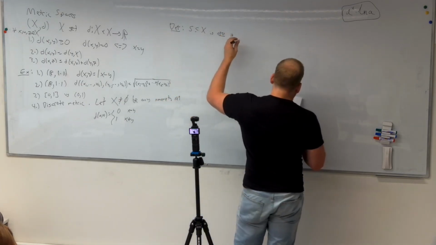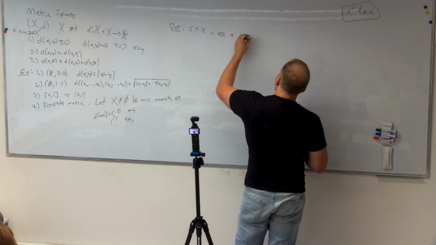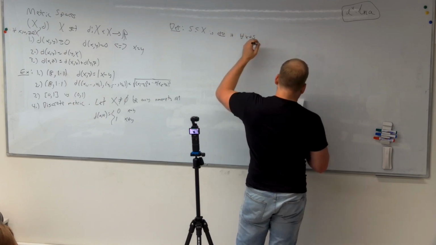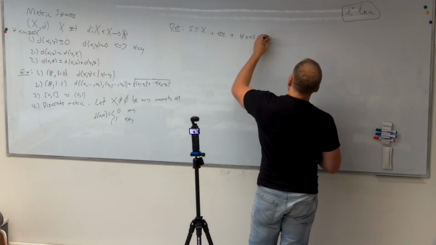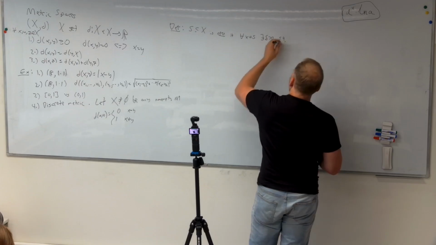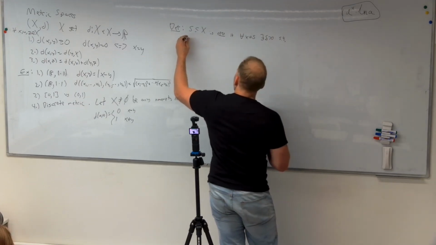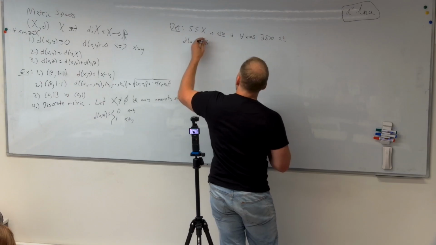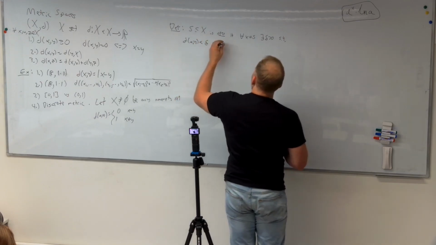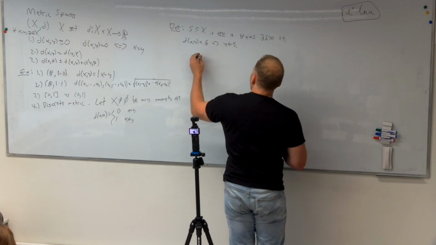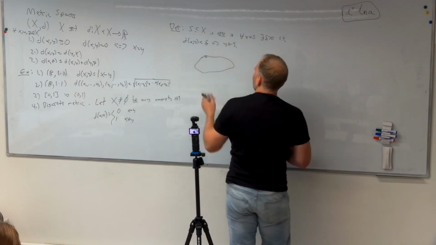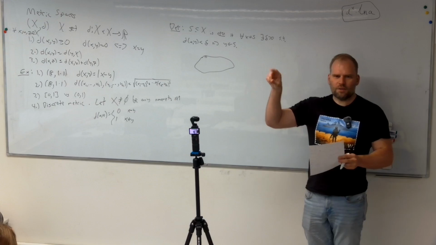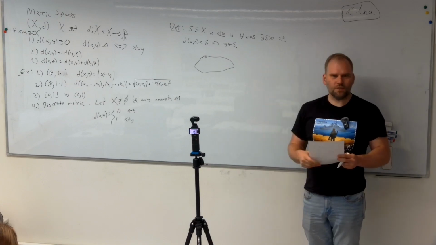S is open if for all x in S, there exists delta greater than 0 such that the distance between x and y less than delta implies that y is in S. So in other words, wherever your point is, there exists some small number delta where you can draw a ball around it and everything inside is going to be within the set S.